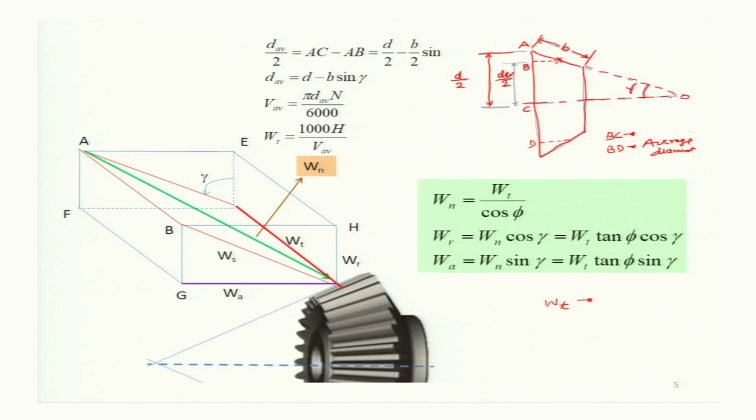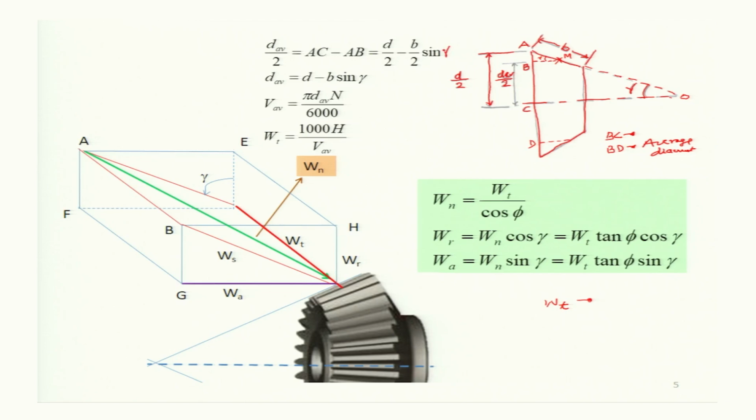AC is D divided by 2 and AB can be obtained knowing this point, this is the midpoint M. So, the angle AMB is gamma and AM is B divided by 2. So, AB is B divided by 2 sine of the gamma.